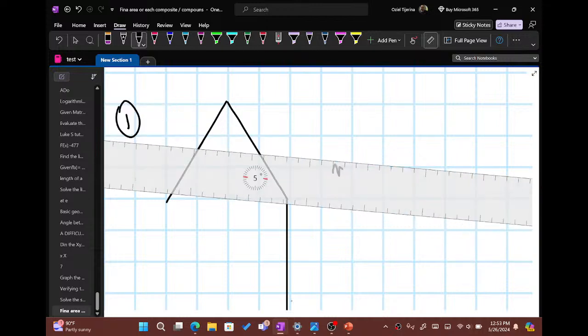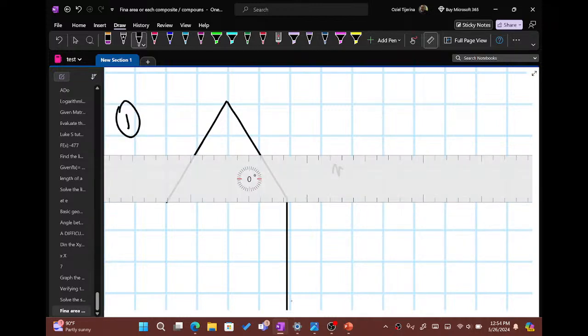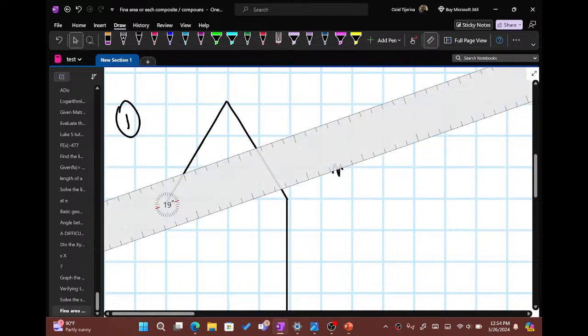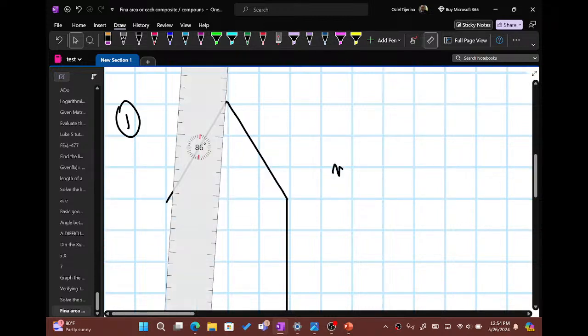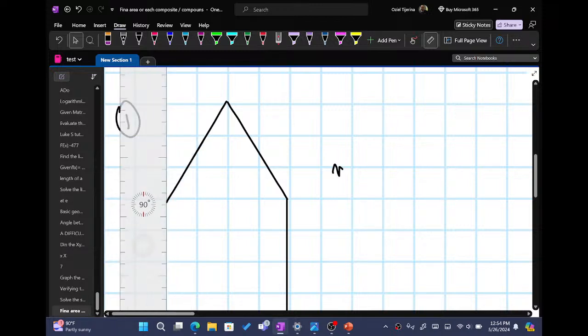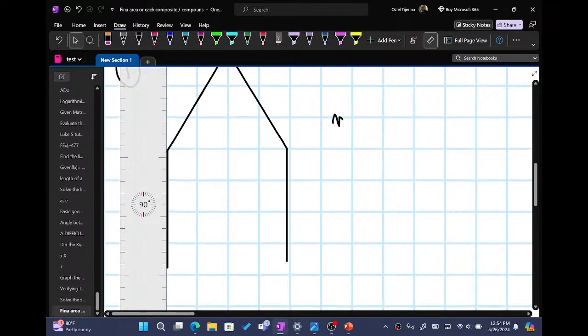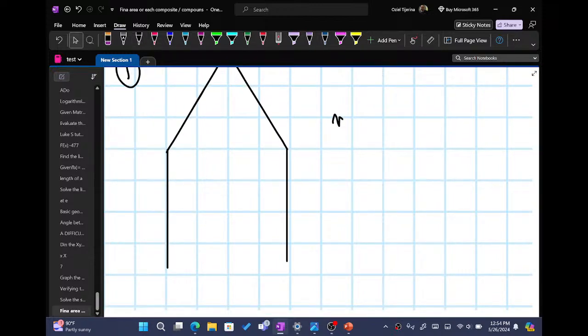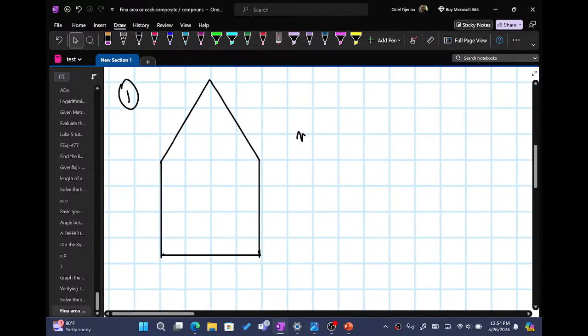So there's this part and the square part. Let me see. It doesn't show us the shapes that are involved. Obviously, though, we can kind of see what shapes are involved in this. And like I said, this is not drawn to scale. But we can see the shapes that are involved here. I feel like I made it too big, but it doesn't matter.